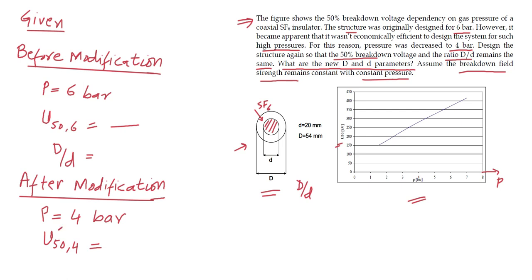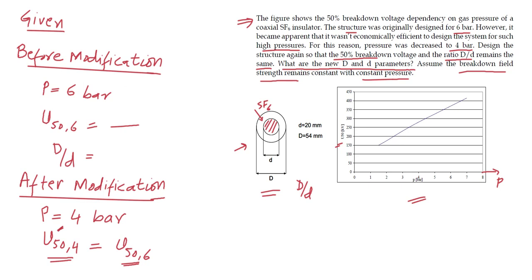So this should be equal to U50 at 6 bar, before modification. This is after modification, represented by U bar.